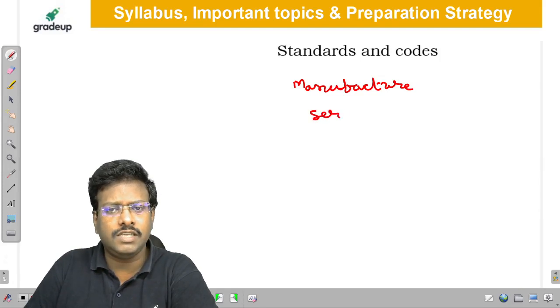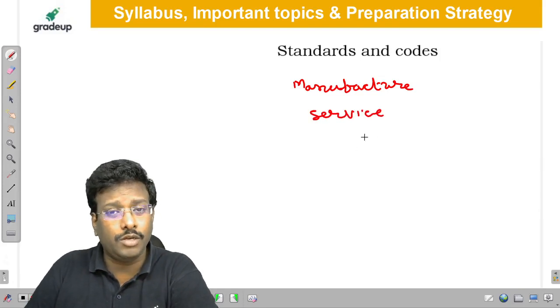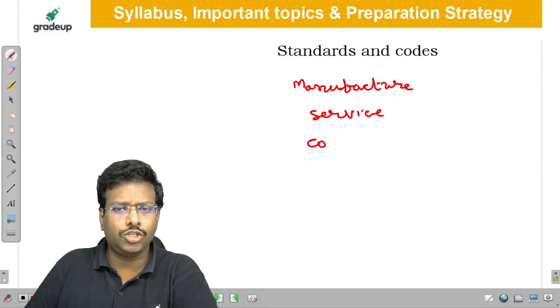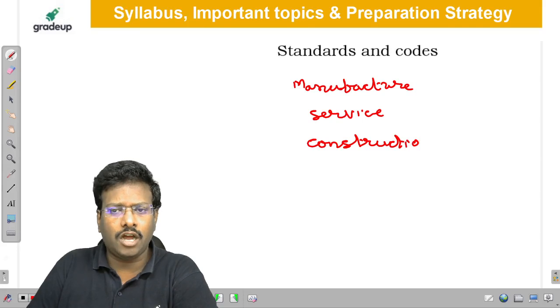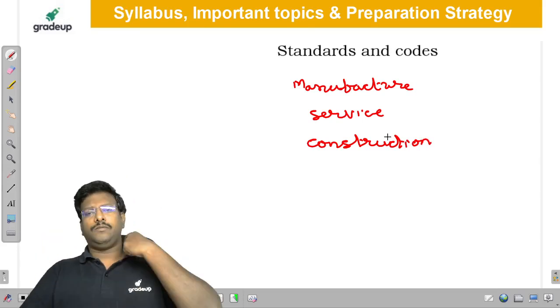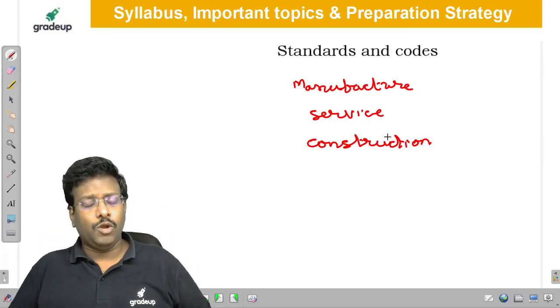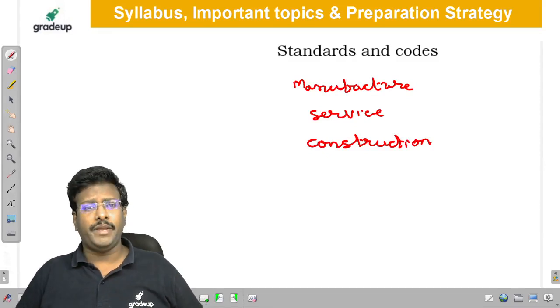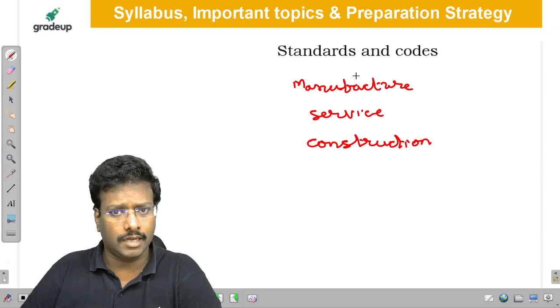If it is a service industry, what will they use? If it is construction, which organizations can fix the standards, and which standard is relevant to which element? All these things we come across here.